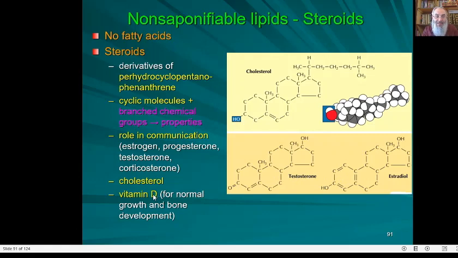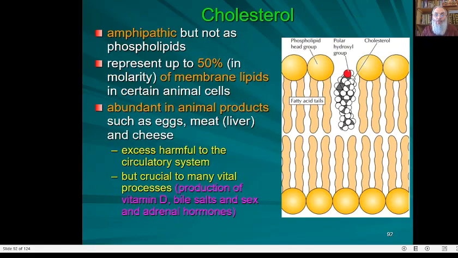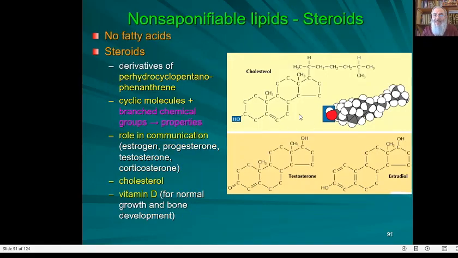Vitamin D is derived from cholesterol. It is an example of steroids also. Cholesterol, you notice, is a molecule that has all of this region, the region I'm indicating now, made up of carbon and hydrogen, therefore it is non-polar.